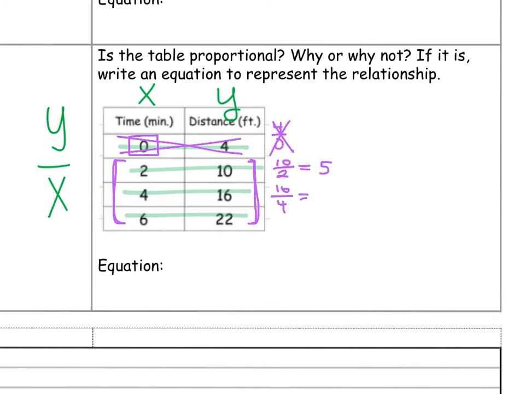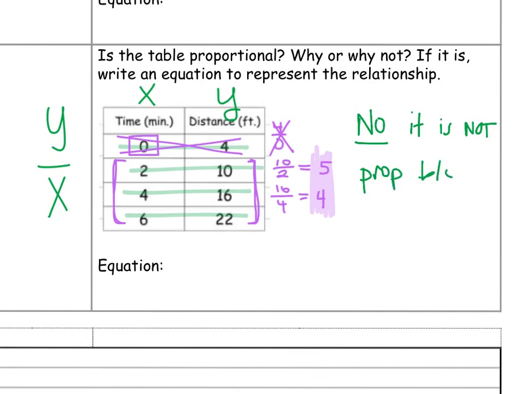16 divided by 4, which is 4. I can stop right here. I don't have to do that last row because already I see these are not the same number. And so when it asks, is the table proportional? No, it is not proportional. And then I have to make sure I say why.